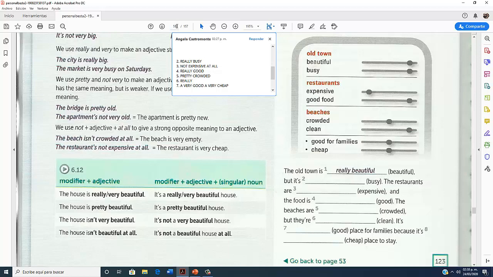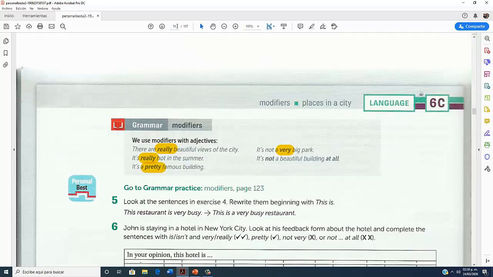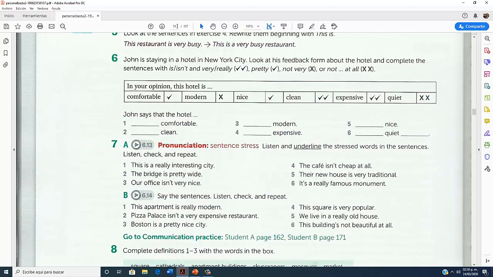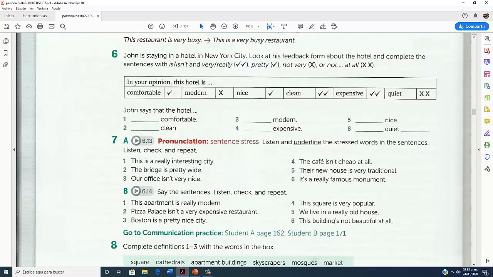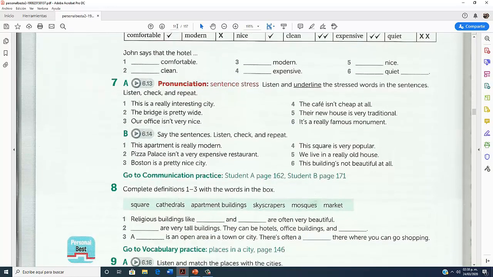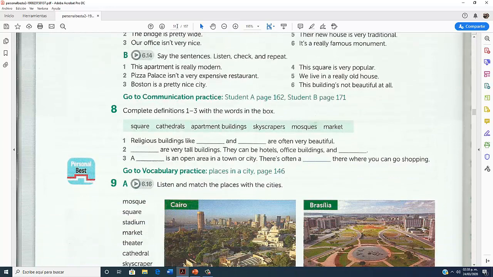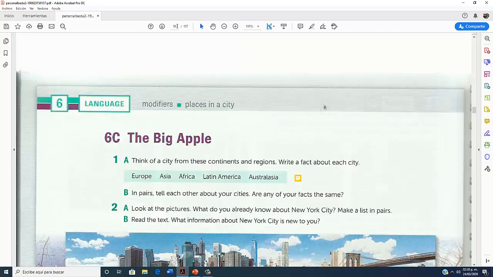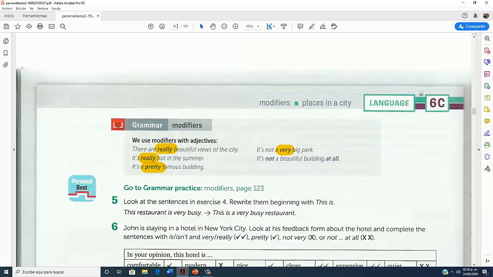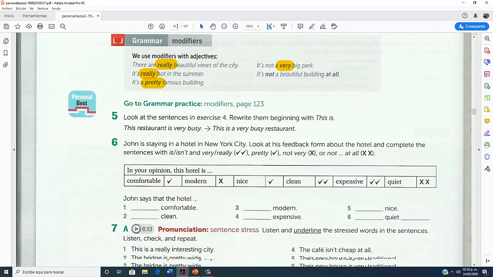Yes? Now I think we are almost over. We're not gonna do exercise number 6. Here, pronunciation part in number 7 because we're almost done. Yeah, here in exercise number 7. The same, we continue on the book.